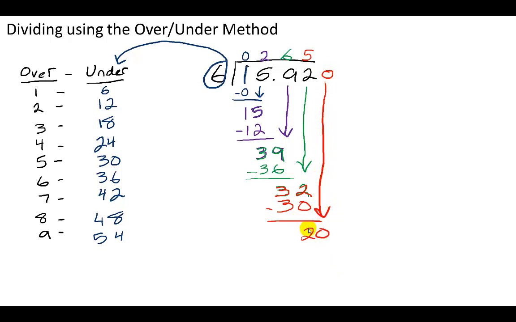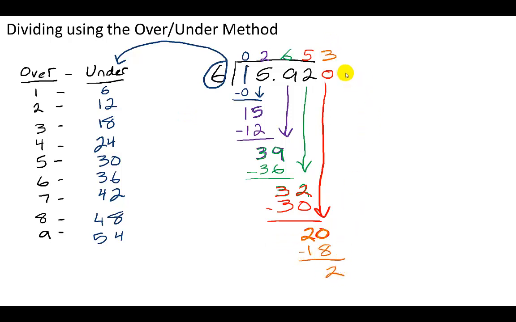We're now going to be looking at our over-under list using 20 as the number that we're working toward. So where is a number equal to or less than 20? Well, that would be 18. So under our 20, we're going to write 18. We're going to end up subtracting that, but we need to remember to put our 3 over the 20. 20 take away 18 is 2.